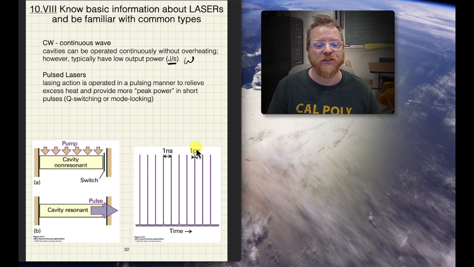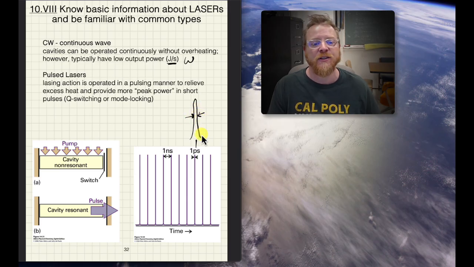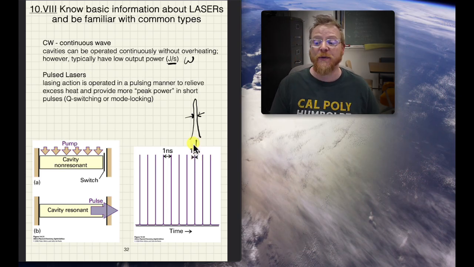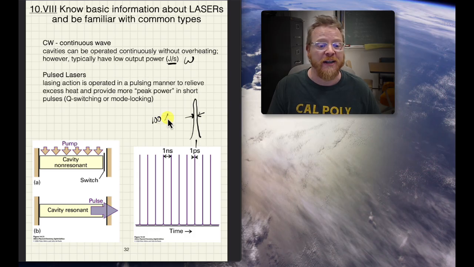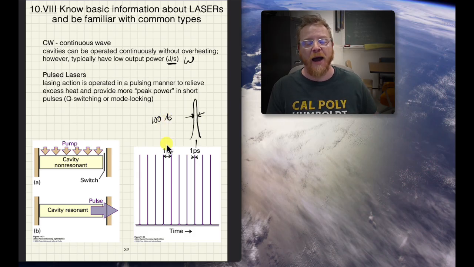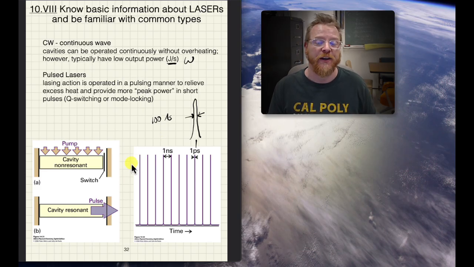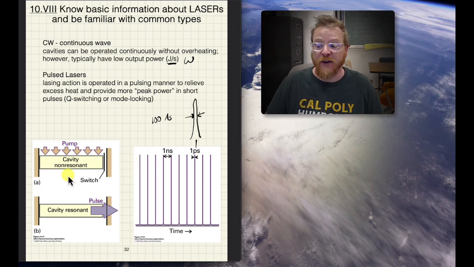If I could zoom in on this peak, we would see some kind of width to it, where the full width at half max will be maybe on the order of picoseconds, or for some of the very fastest lasers on the order of about 100 attoseconds. So these can be very, very fast depending on the construction of the laser and the cavity mode.